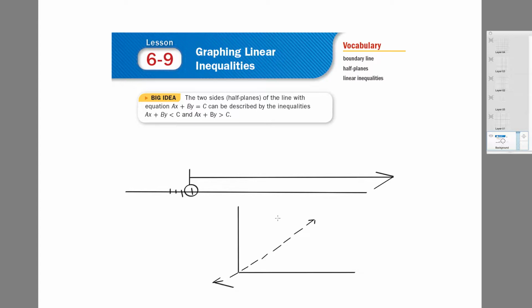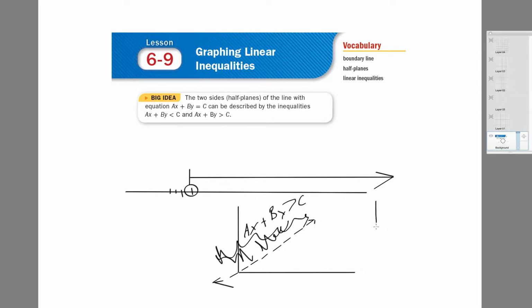So this is ax plus by. The area we're going to shade is going to be above or below it. So if ax plus by is greater than c, then we're going to be shading in this area here to say it's above that boundary line.